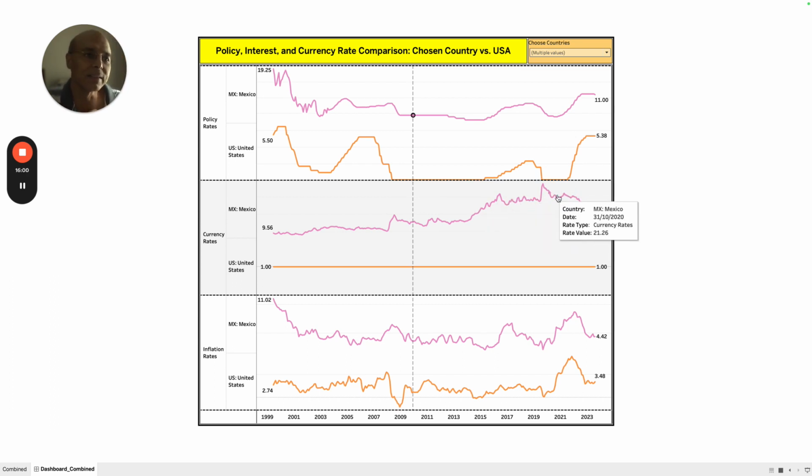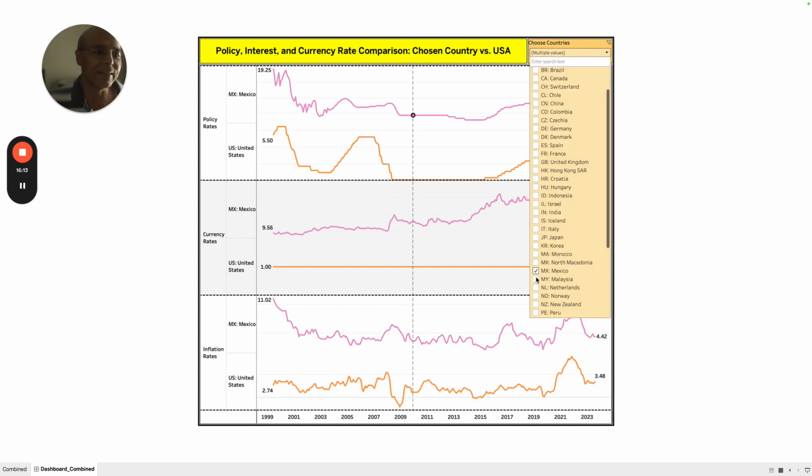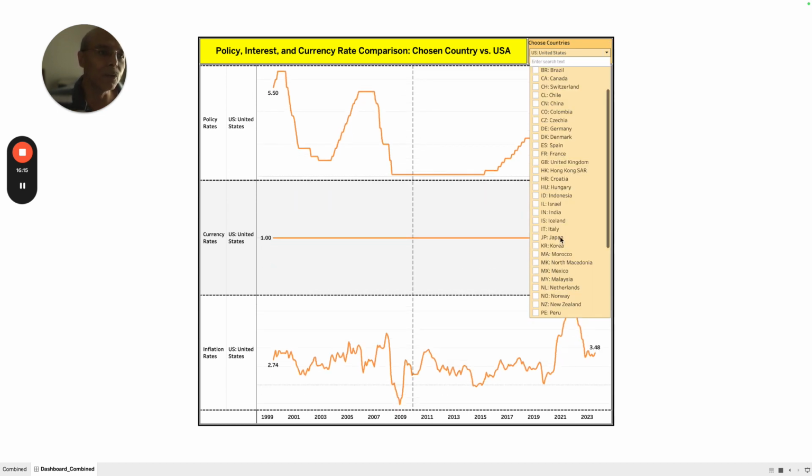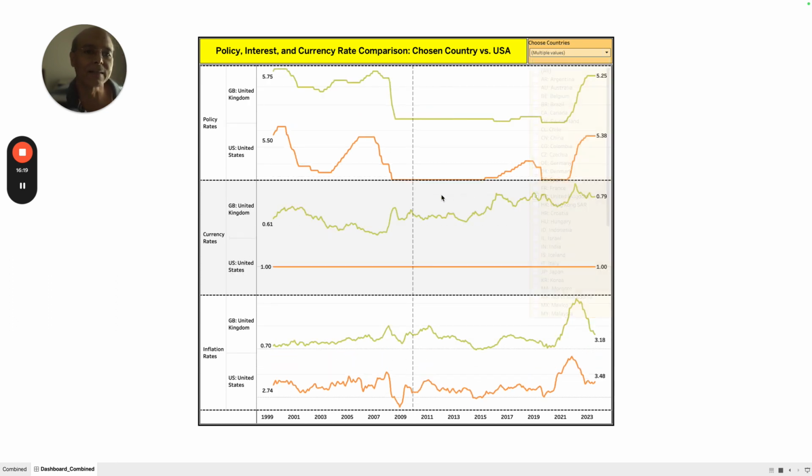And here also the same thing is true, right? You see that Mexico has raised their policy rate significantly compared to the US, and therefore the currency appreciated. So my point is, this experiment you can do with any country, whatever country you choose, you will get a similar result.